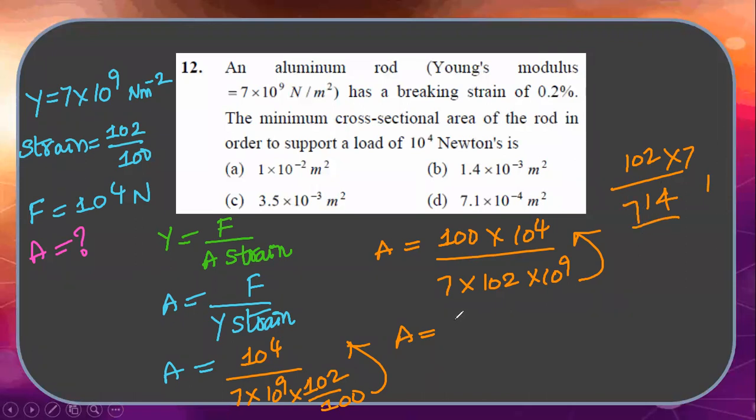So then it will be 1000 divided by 714. Otherwise, 10,000 divided by 10 power 4, 10,000 divided by 714, into 100 and 10 power 9, so it will be 100 into 10 power 9, 10 power 7.